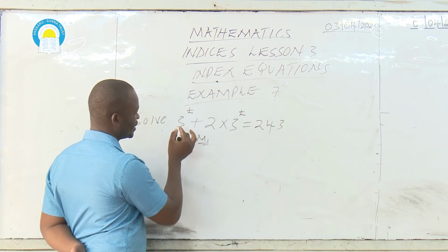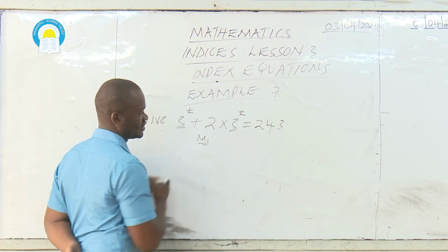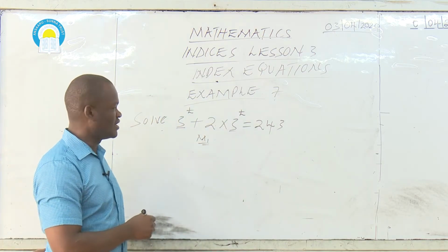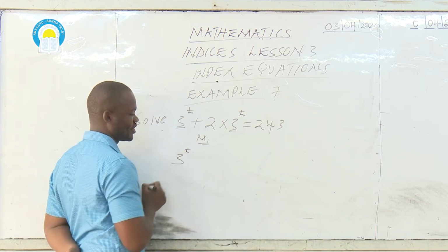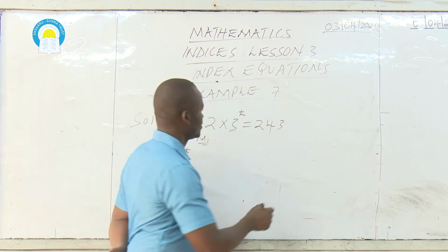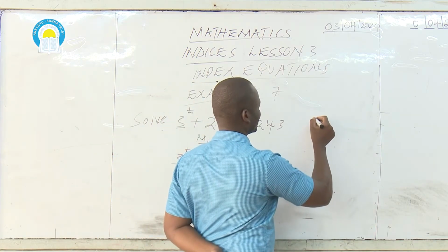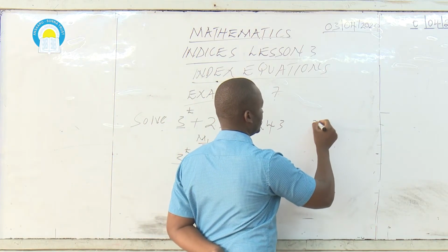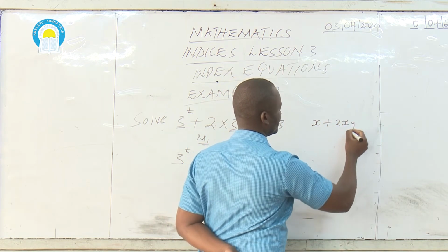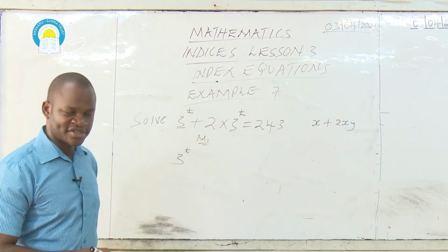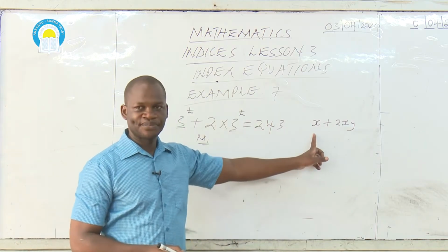If you're very keen, this and that are similar. So I'm going to factor 3 power t out. Now, when you have something like, let's say x plus 2xy, and you're told to factorize, what's a common factor here?